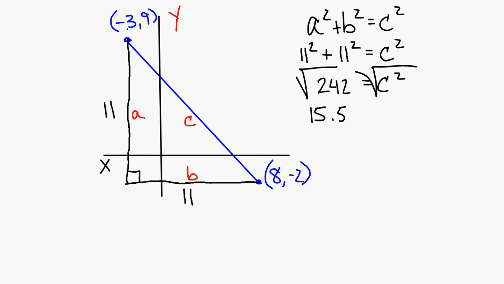Green button, period button, number 2. Second fix 2. That'll round everything to 2 decimal places for you. And what does it say? 15.56. Now everybody's got the same answer. And that's equal to C. So there's your segment length. 15.56 units, whatever the unit measure is.